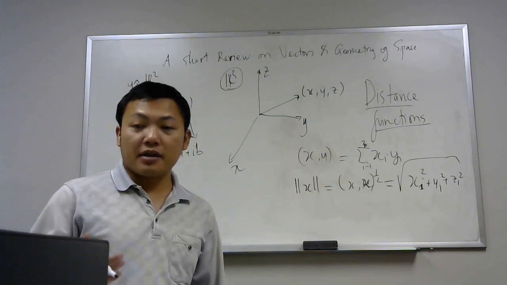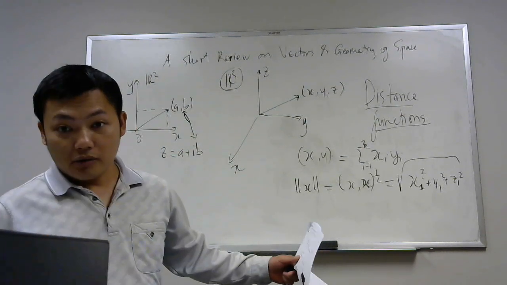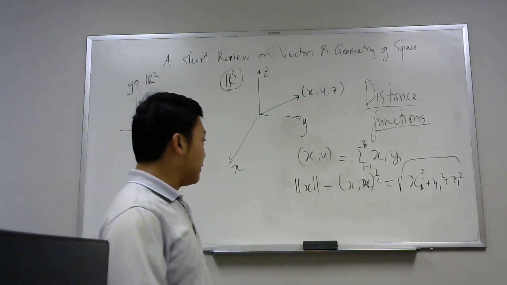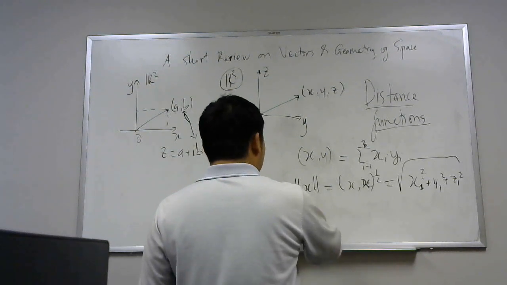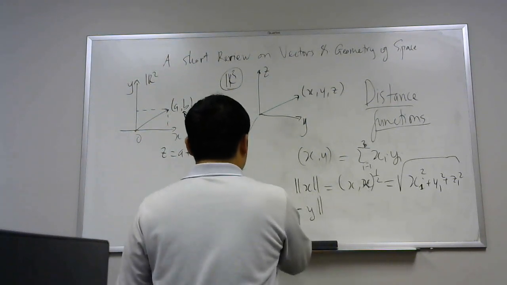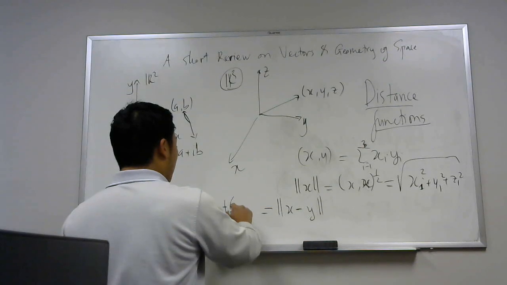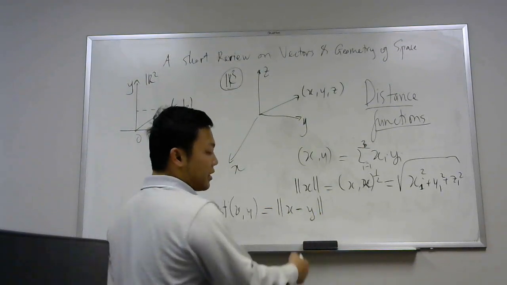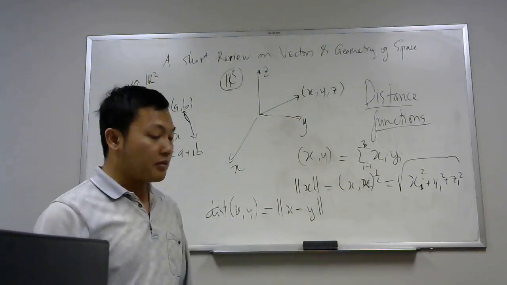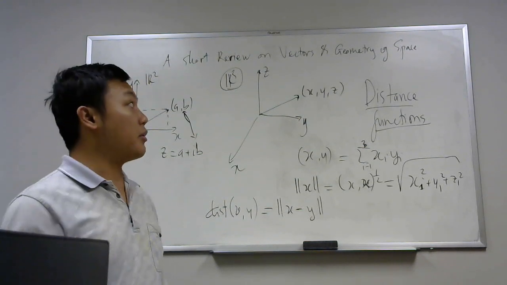And then, using this norm, you can define the distance between two vectors. That is the norm of the difference x minus y. So now you have distance between two vectors or distance between two points.